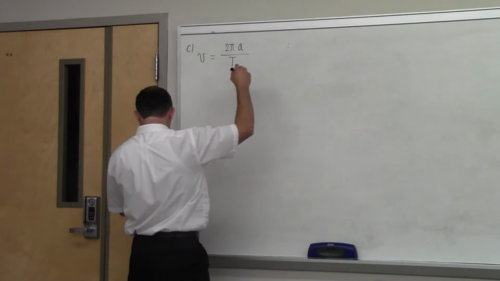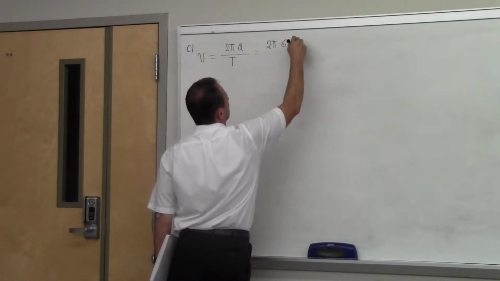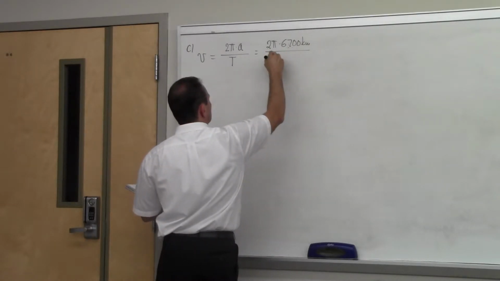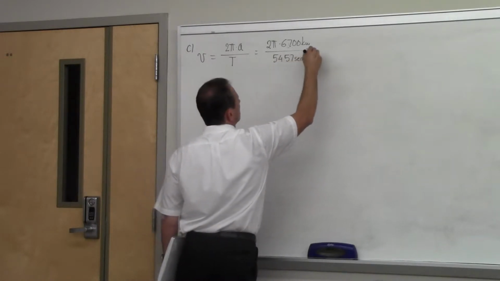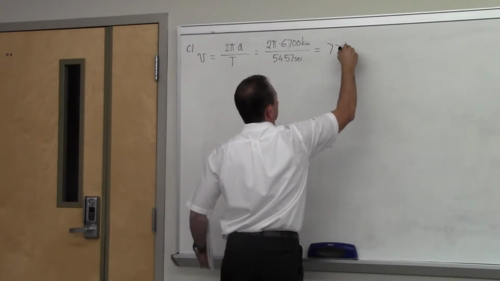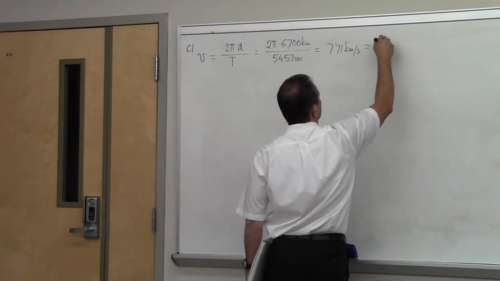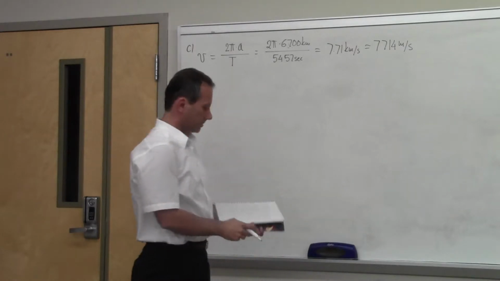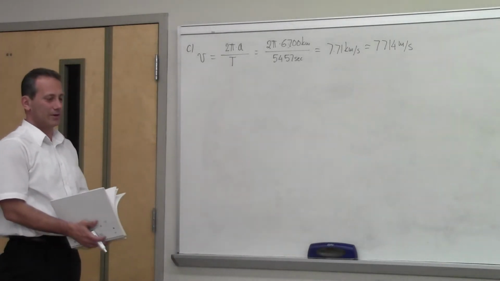So in our case, this becomes 2 pi times 6,700 kilometers divided by 5,457 seconds, which is 7.714 kilometers per second, or 7,714 meters per second. So there, that's a respectable speed, right? If you're moving very fast.